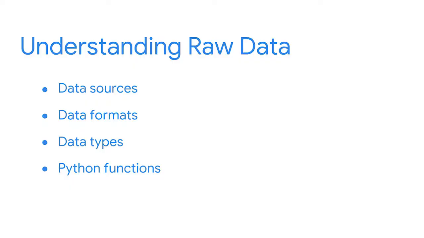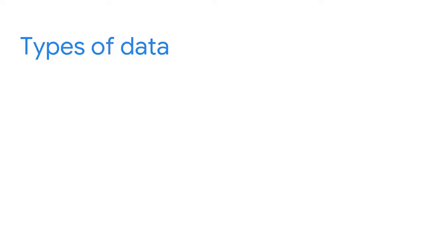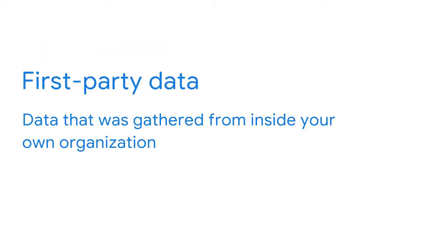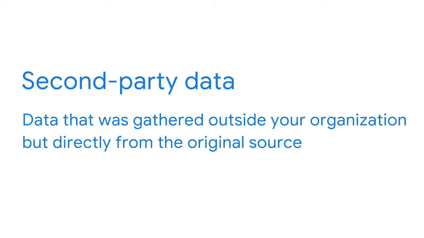Finally, the last raw ingredient in understanding data is types of data. You may already be familiar with the many different categories of data. As a reminder, there is first, second, and third-party data. First-party data is data that was gathered from inside your own organization.